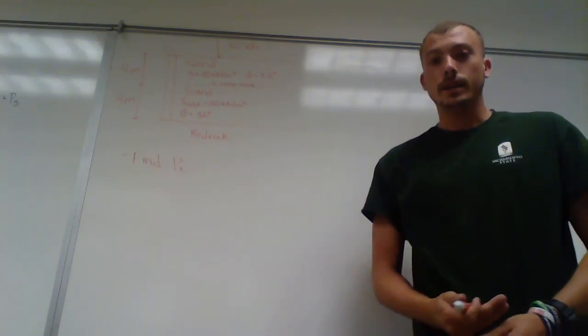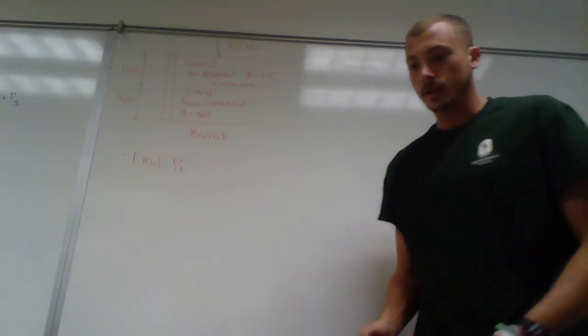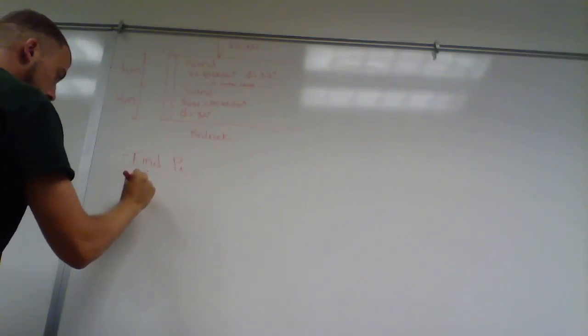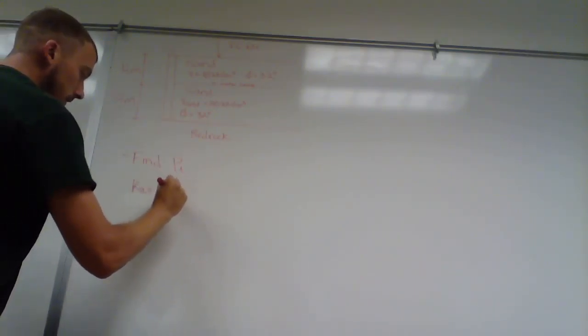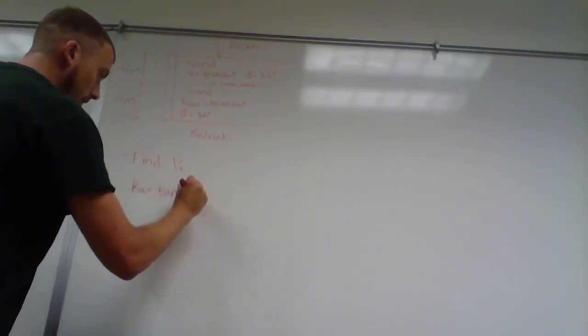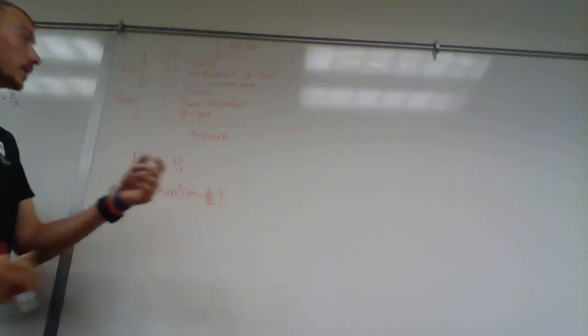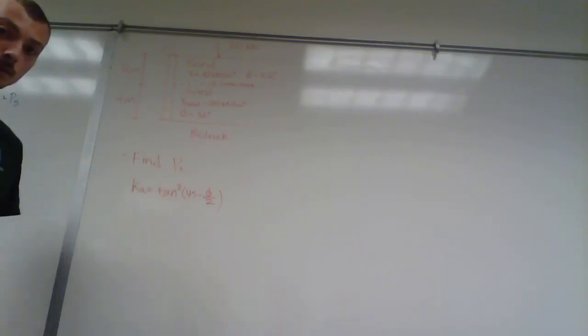And so we use Rankine's active earth pressure, and so we're going to find K sub A, which equals tan squared of 45 minus phi over 2. And phi is going to be the angle that is given in the problem.